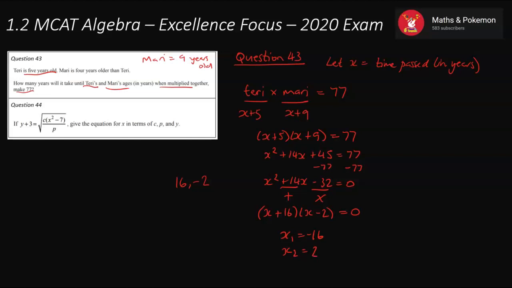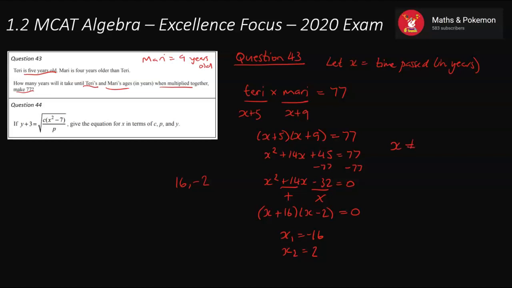Thinking of the context, this negative number doesn't make sense. In 16 years in the past, Terry would have been negative 11 years old, and Murray would have been negative 7 years old. You can't have a negative age. That's not how that works. So that is a false answer.